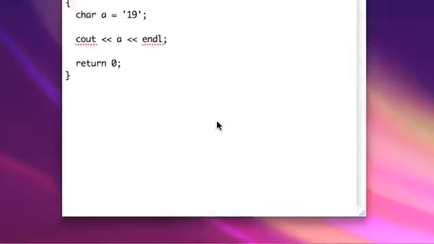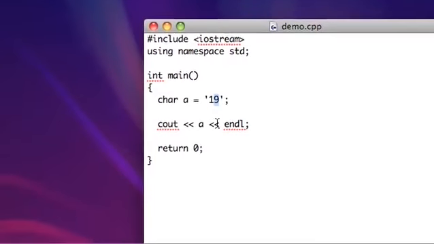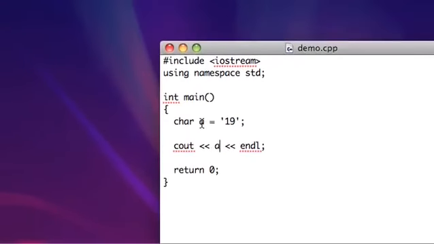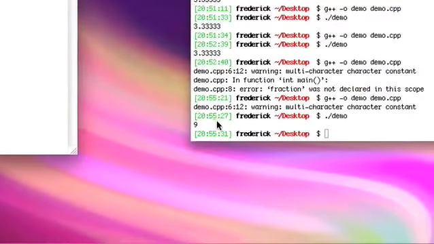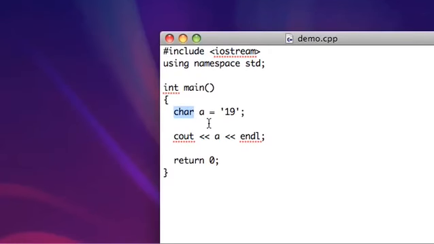When you try to run your program, you're going to get some unpredictable results. It's not going to have the 1 because it can only have 1 character. So when you try to output this character, it's only going to give you 1. They're not treated like numbers, they're treated differently because of their data type. So it's something to keep in mind.